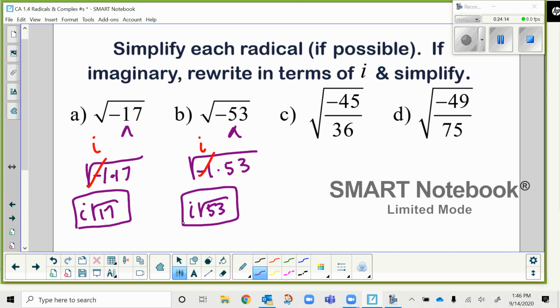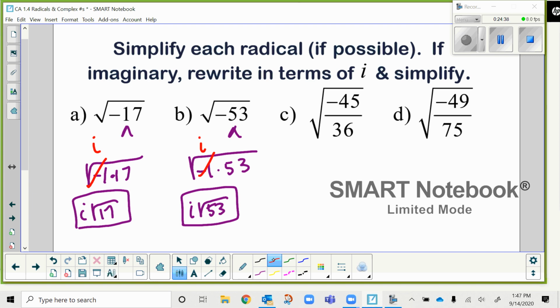And then we get to the fractions. There is one general principle that I'm going to tell you in a moment about when you have a radical with a fraction underneath. But the first thing I want to tell you is, make your life easy and try to simplify the fraction first.